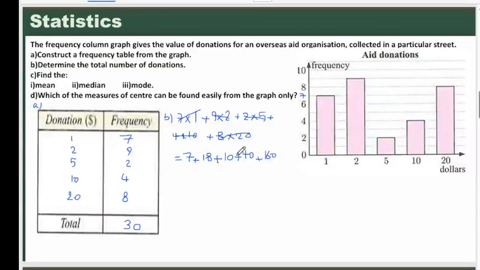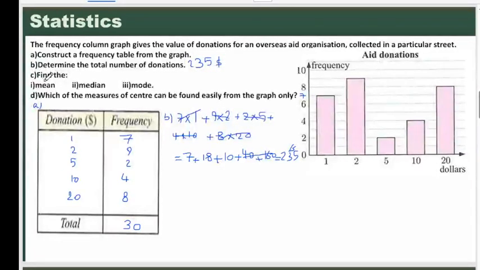If I add them up, it would be 200, 210, and at the end, it would be 235. So part B, I can say $235. It's the total number of donation.